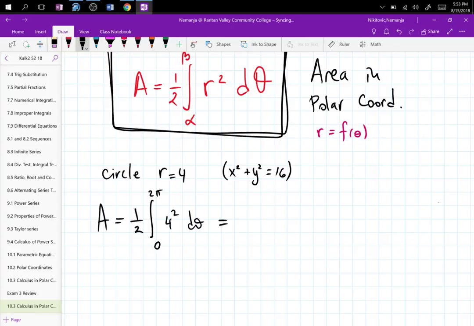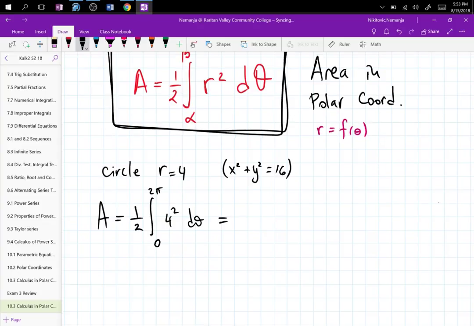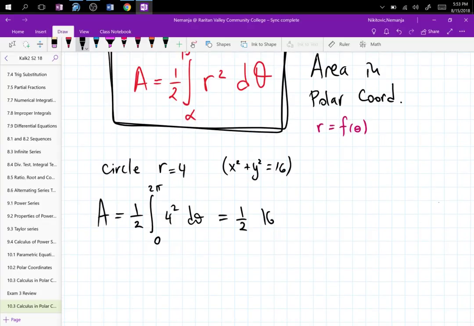So what is the integral there? Well, the integral is 1/2 of 16 theta computed from 0 to 2 pi, and that gives me 16 pi. Does this make sense? Well, hell yes, because you know that the equation for area of the circle is pi r squared. If your r is 4, well, that's 16 pi. We have the same answer, right?